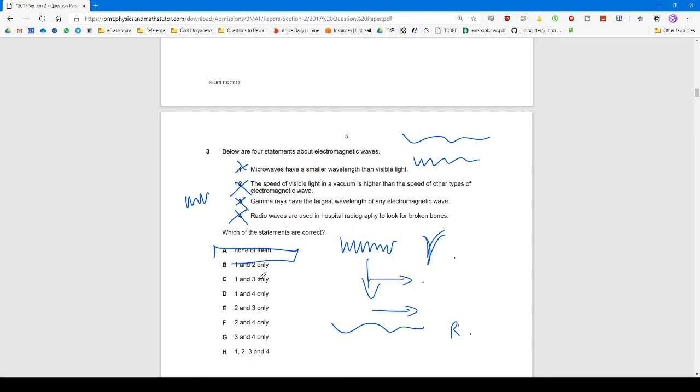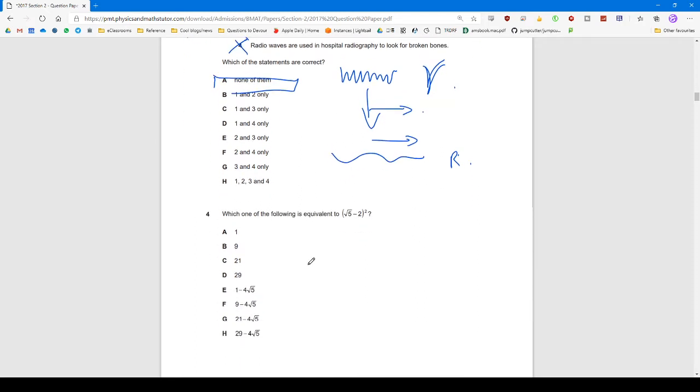The radio waves being used in hospital radiography are that sort of background knowledge that you would have to have, as this is a BMAT, as well as the fact that the application of X-rays to finding broken bones in hospital radiography is usually a part of most physics courses as well. So anyway, let's continue.